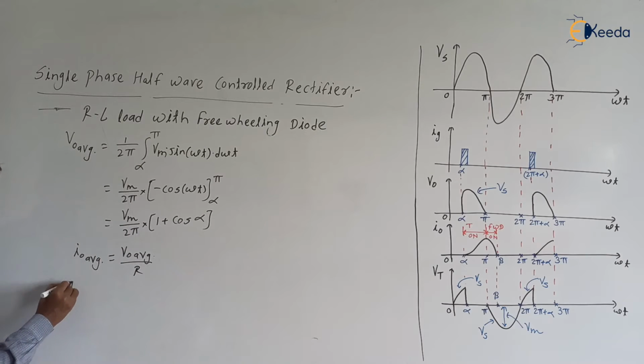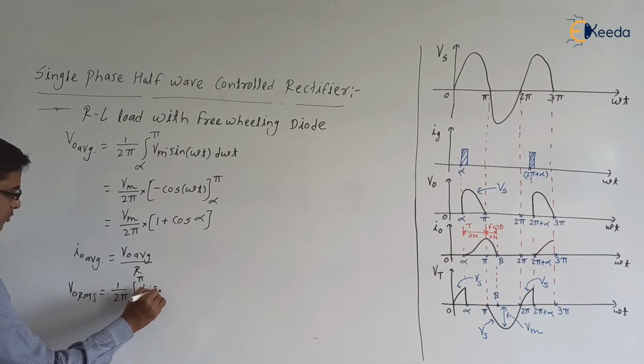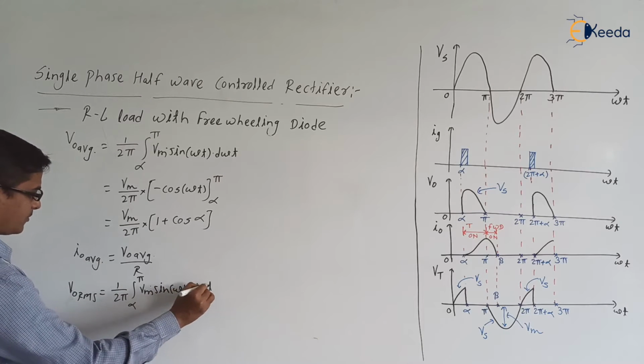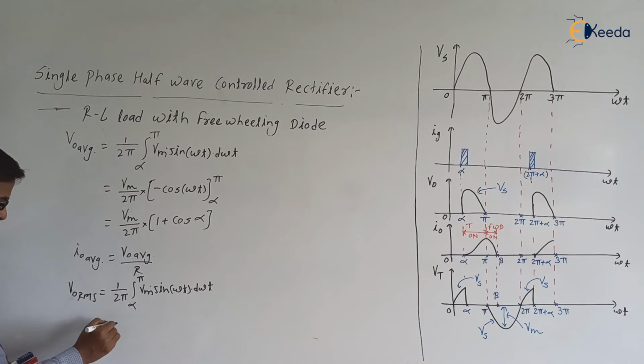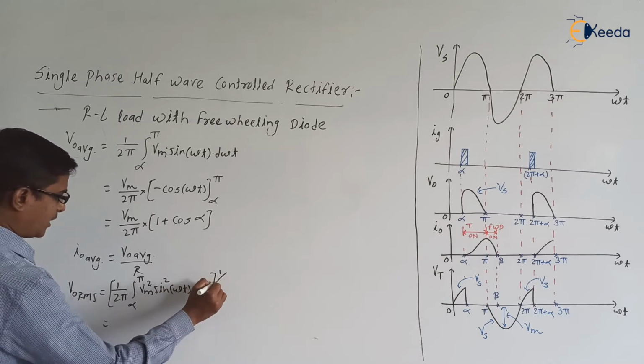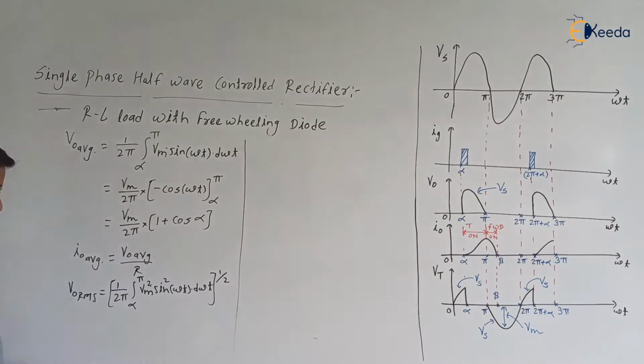We can simplify V0 RMS. V0 RMS is equal to 1 by 2 pi integration from alpha to pi of Vm square sine square of omega t d omega t, to the power 1 by 2. We can take Vm square and 2 pi outside.